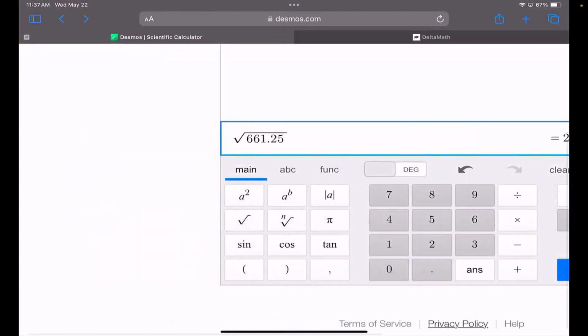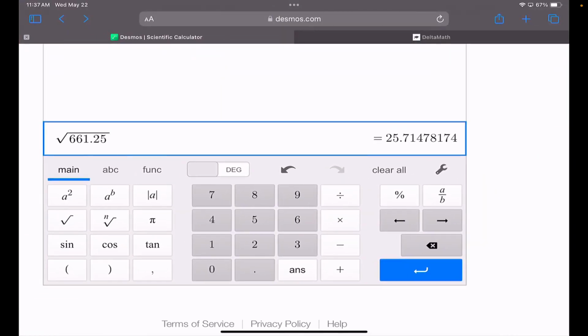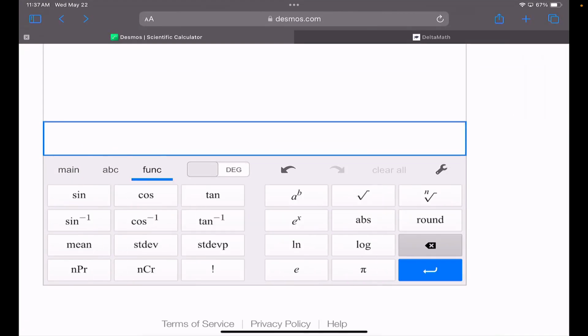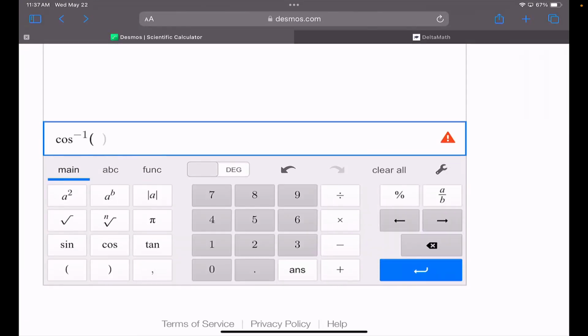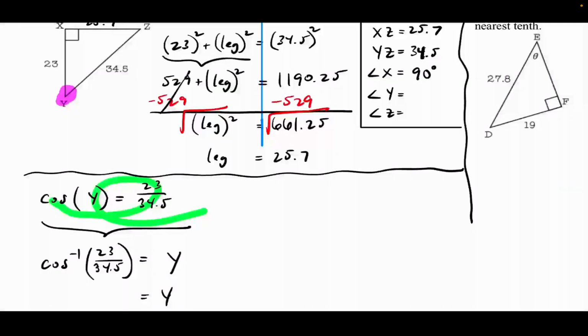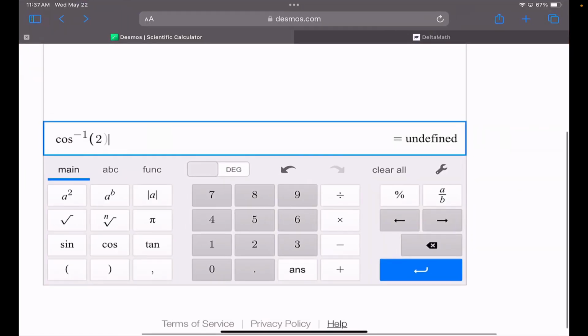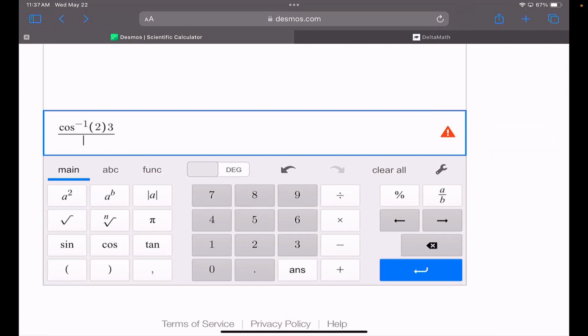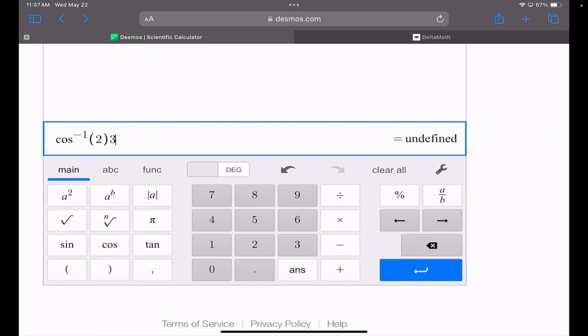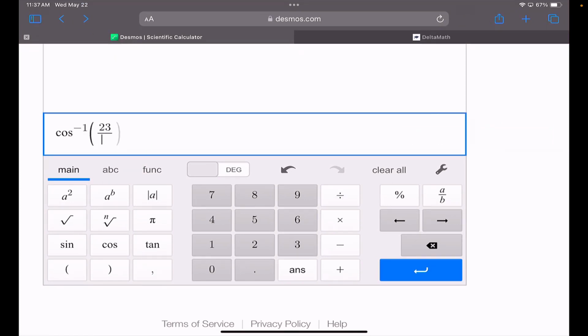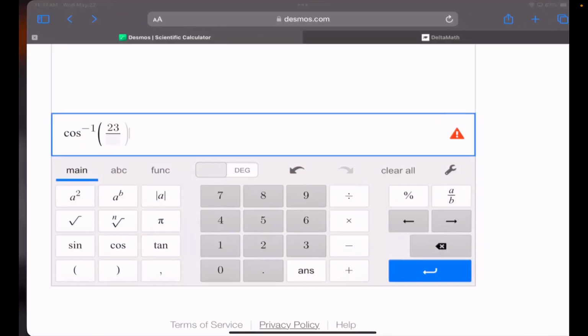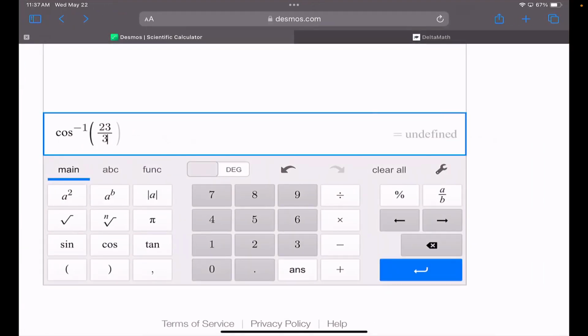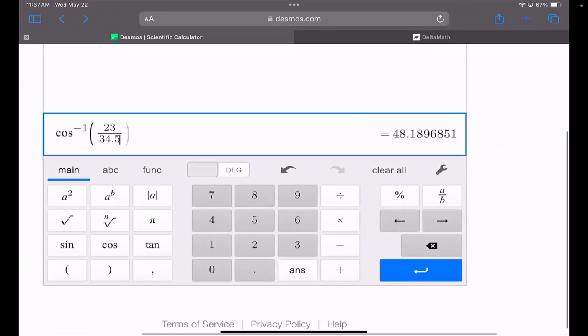Don't use regular cosine, use inverse cosine when you're using your calculator. 23 divided by 34.5. 48.189.